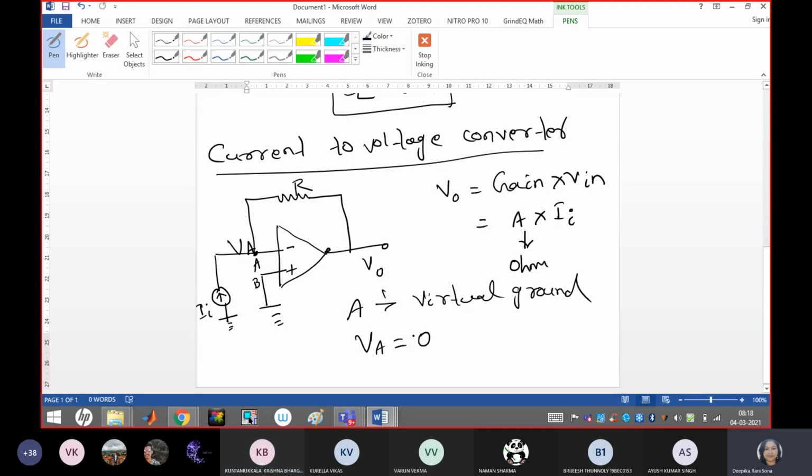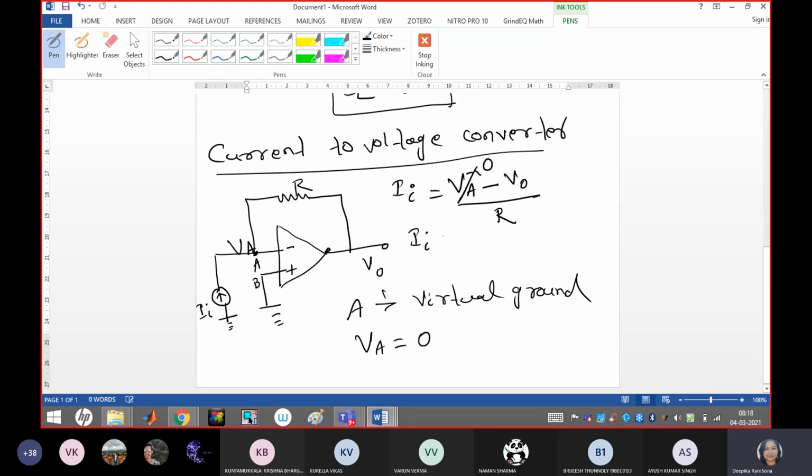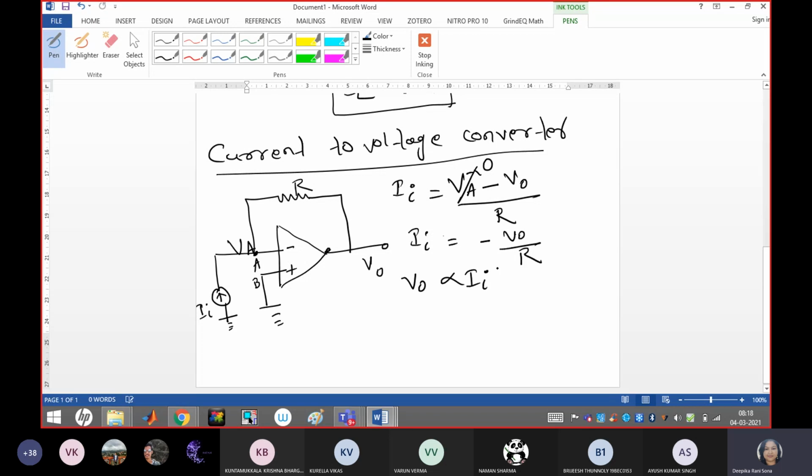So if I write the equation of current II, it is nothing but VA minus V naught by R, and now VA is 0. So II is minus of V naught by R. Now from this above equation, it can be written that V naught is proportional to II.